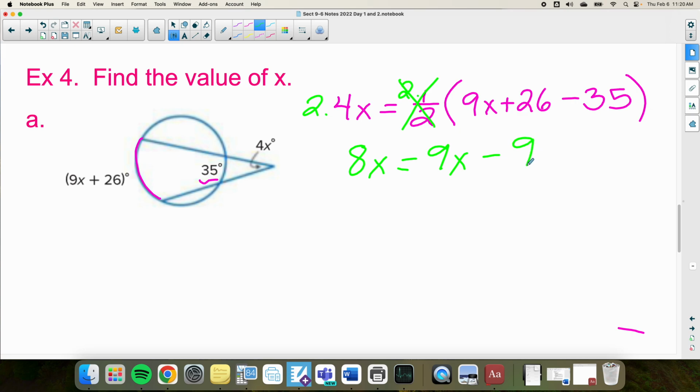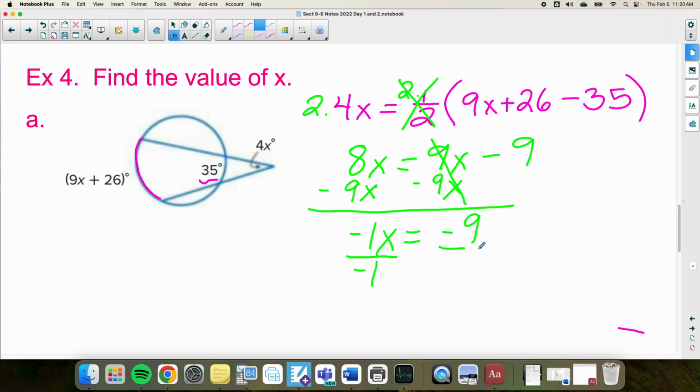Now, what I'm going to do is bring this 9x over here and leave the negative 9 here on the right side. 8x minus 9x is negative 1x, and that equals negative 9. Divide by negative 1, and x is a positive 9.